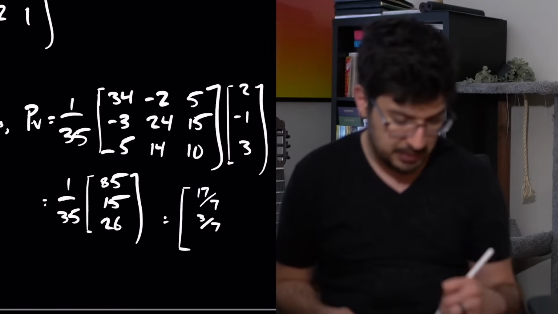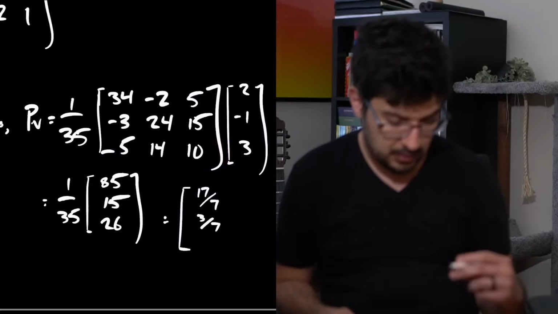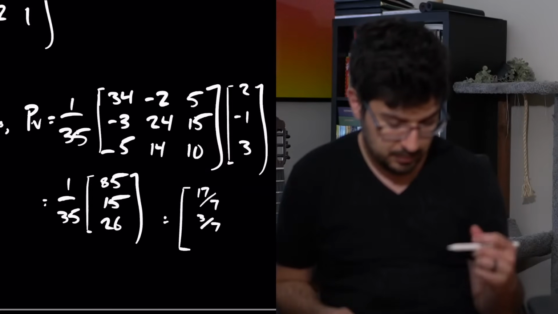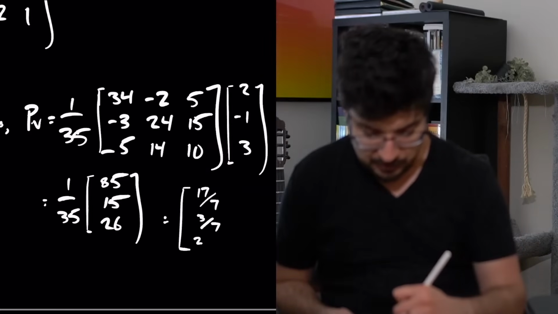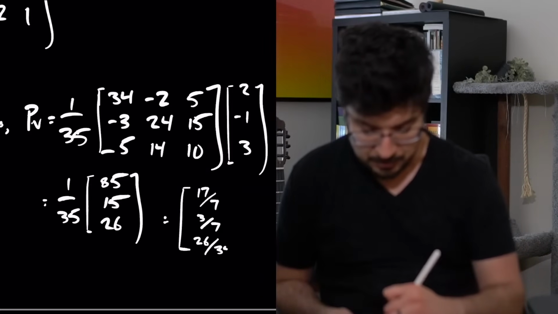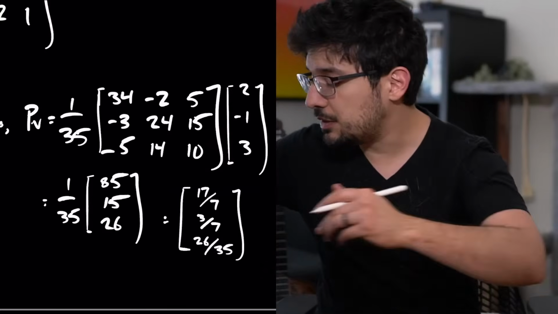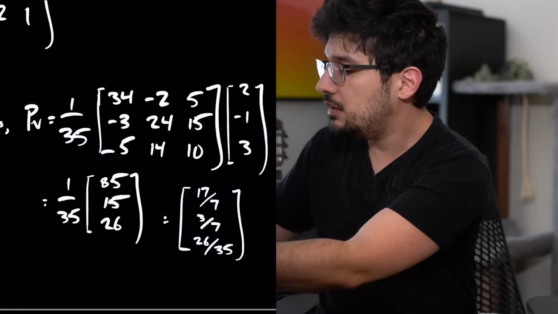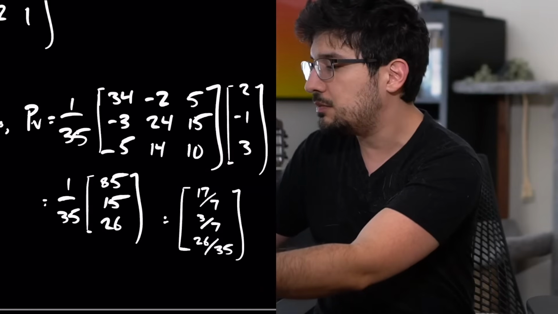And 26 over 35 is 26/35. I think that the previous form is a little simpler, but either way, let's find out what is in the back of the book.